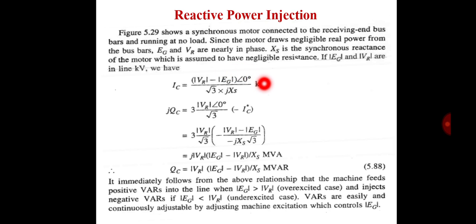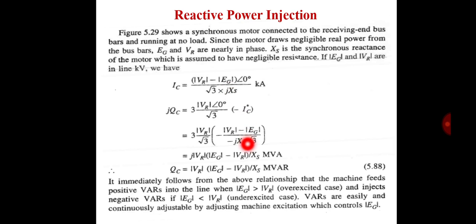If EG and VR are in line kV, we have IC equal to (VR angle 0 degree minus EG) divided by root 3 into jXS kilo ampere. Now jQC is equal to 3 VR angle 0 over root 3 into minus IC.